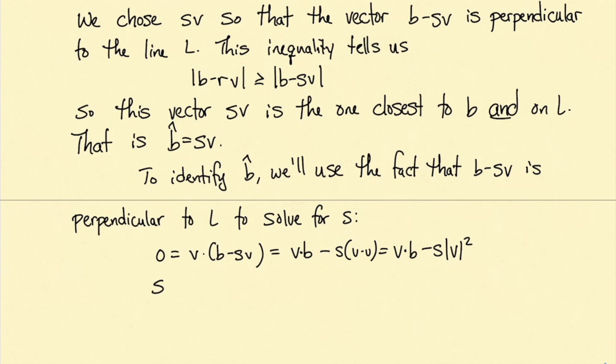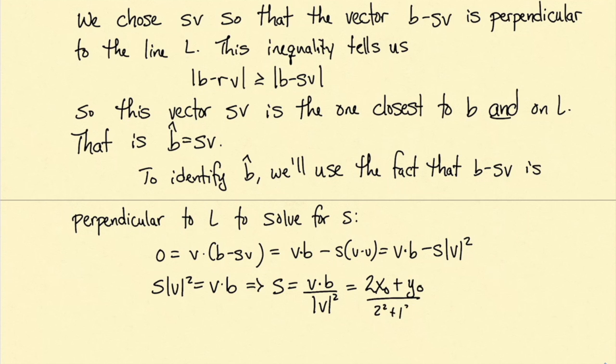We can add s times the norm of v squared across. And then, of course, to solve for s, we simply divide by the non-zero scalar, the norm of v squared, which is simply 2 times x0 plus y0 divided by 2 squared plus 1 squared, which is 2x0 plus y0, all divided by 5.